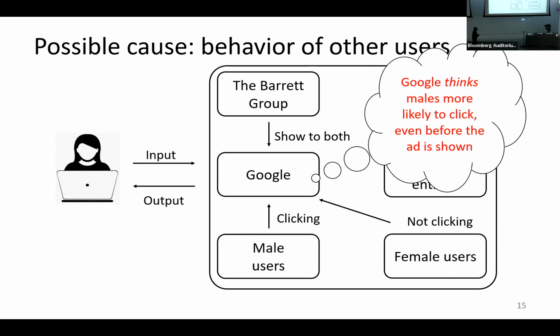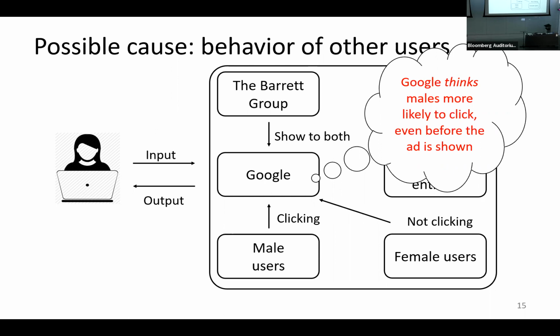But there's another thing that also could have happened, and this is actually related to the next set of papers I'm going to talk about that are on Facebook, which is that before any users started even clicking on the ads, Google took the text of the ad, and if there's an image, depending on if it's a banner ad or a search ad or the side ads and so on, it could have happened that Google ran the text and the image through some deep learning model, and it predicted that men would be more likely to click on the ad.